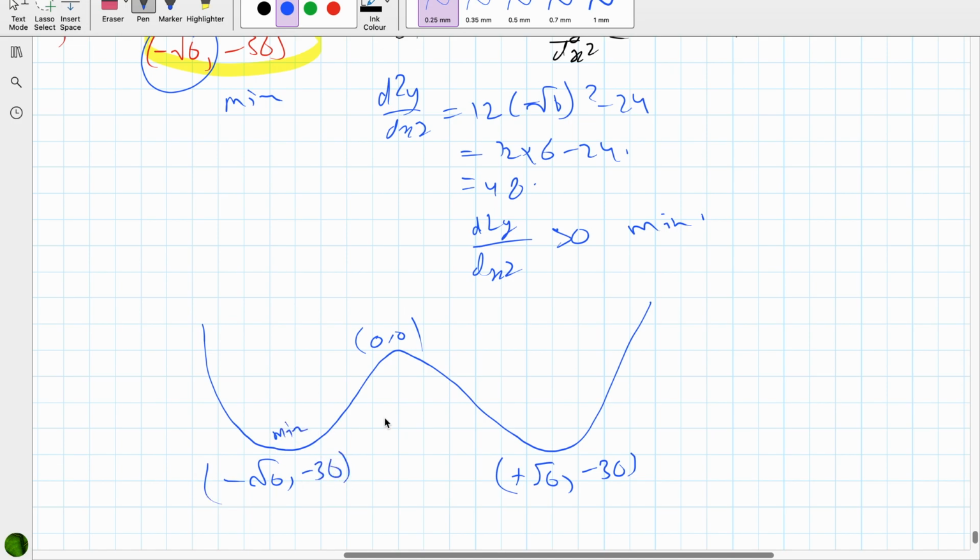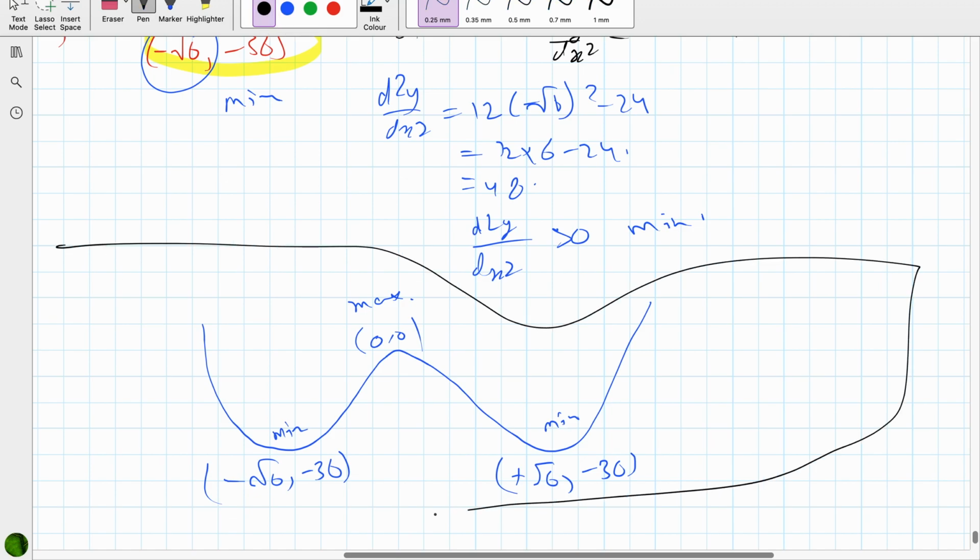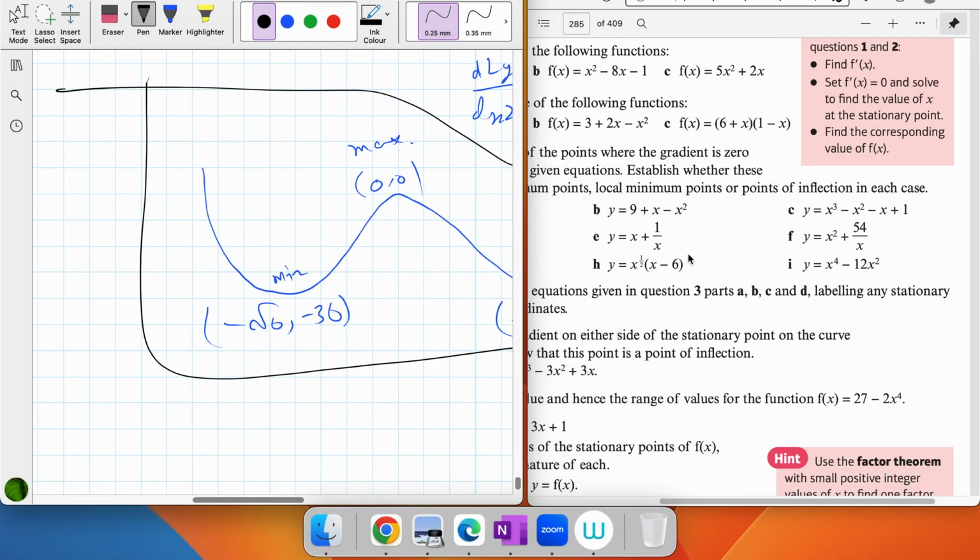So these two are minimum points, and this is the maximum point. I'm just drawing sketches because we did this in chapter number 5. This was not the requirement of this question. Other than that, the question is complete before this graph. Just for the sake of concept.